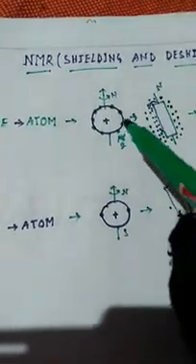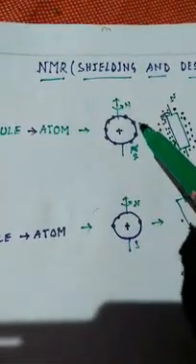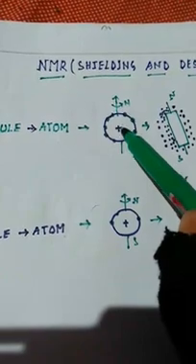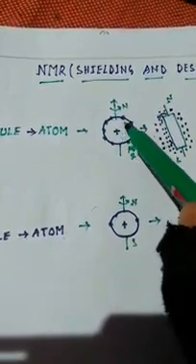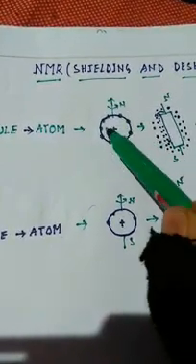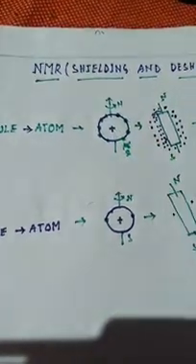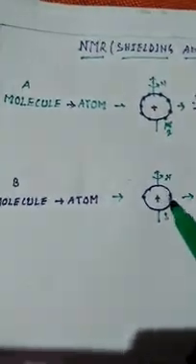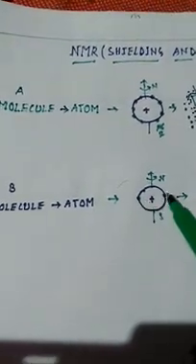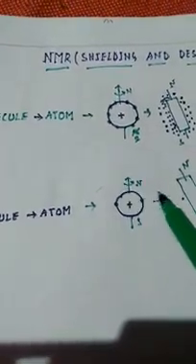So guys, if you observe, around the nucleus of molecule A there are a dense number of electrons present, compared to molecule B, which has fewer electrons present.